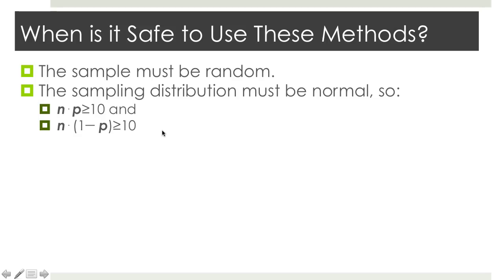Okay, so that's basically the end of this video. We now know how to do inference on population parameters, whether they're means or proportions. We had three cases. In the case of a mean, we use the normal distribution when the population standard deviation is known. In the case of a mean, we use the t-distribution when the population standard deviation is not known.